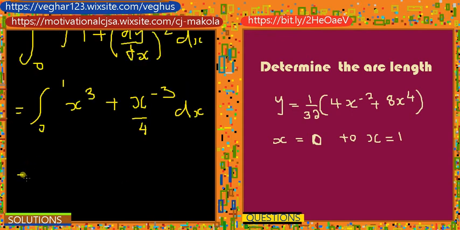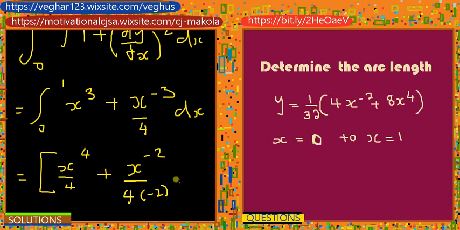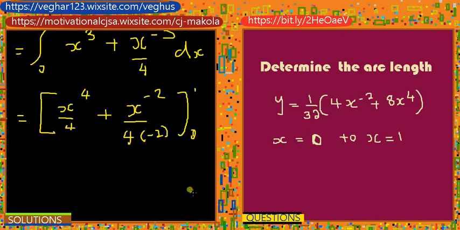Now integrating this one, the integral of this one, then add 1 to the power. Adding 1 here, you'll have negative 2, and then 4 multiplied by that. Now when you substitute 0 here, we'll have 0, so we can leave the other side.